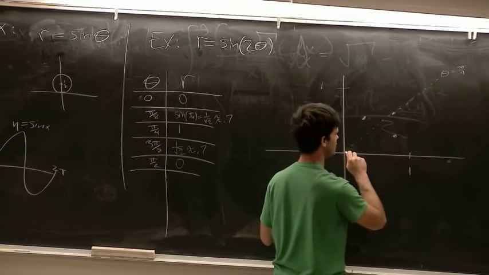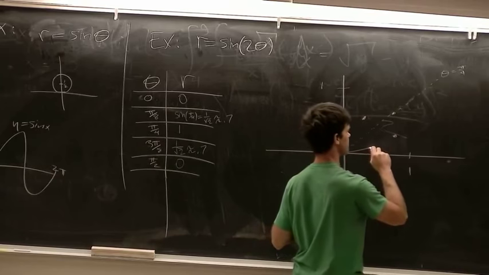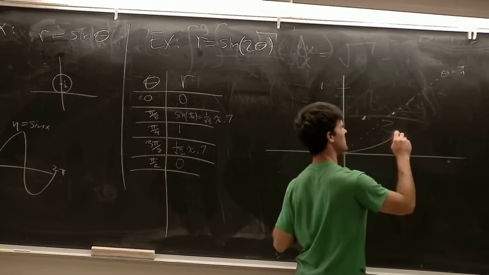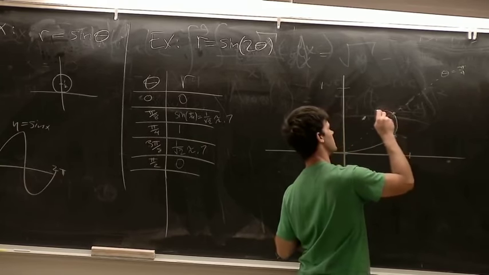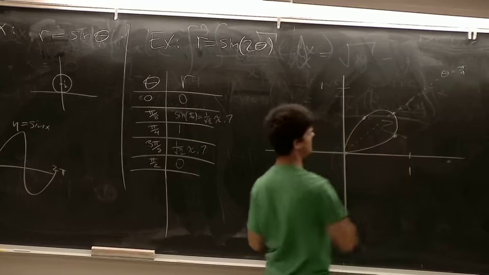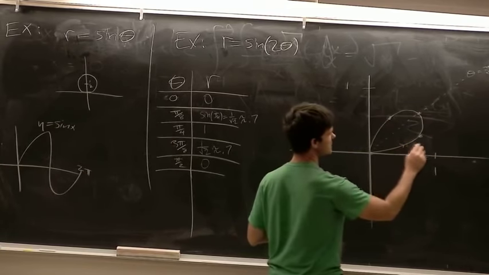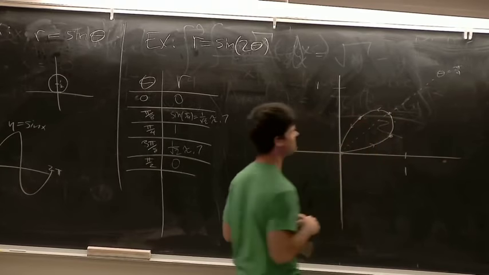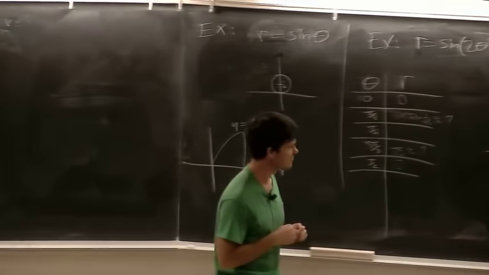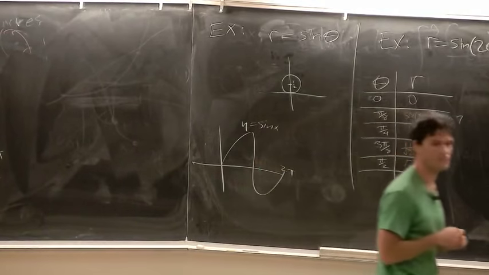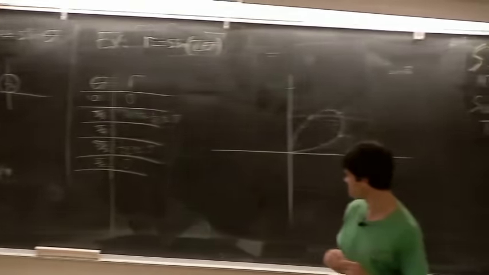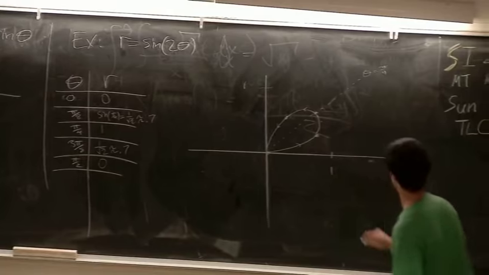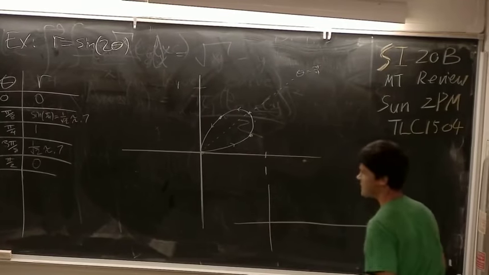So if I trace this out, this is what it looks like. It's starting to look like a petal of a flower. Now, this was a graph of sine x.